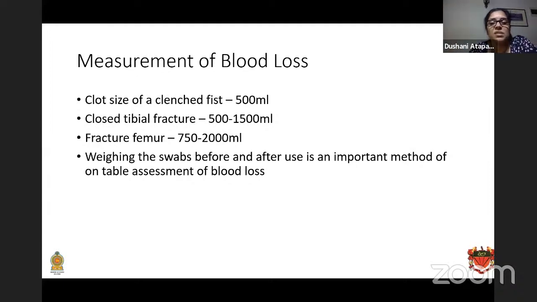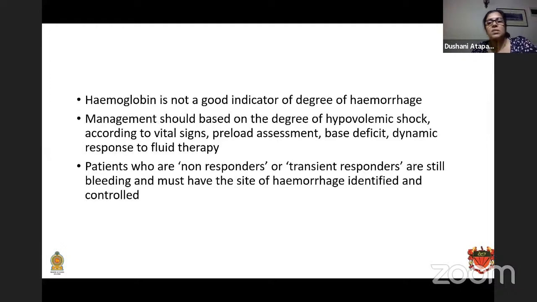As I said, weighing the swabs before and after use is an important measure to assess the blood loss. Hemoglobin is not a good indicator, but we still go by hemoglobin. The management should be based on the degree of hypovolemic shock according to your clinical parameters, the preload assessment based deficit, and the response to the fluid therapy.